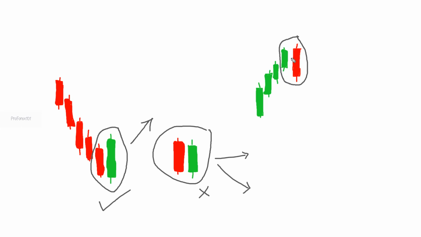Is these two candles combined bigger than the previous candle, from here to here? Yes, right? So that's a valid engulfing signal, and markets will reverse from these scenarios. That's what we're looking for.